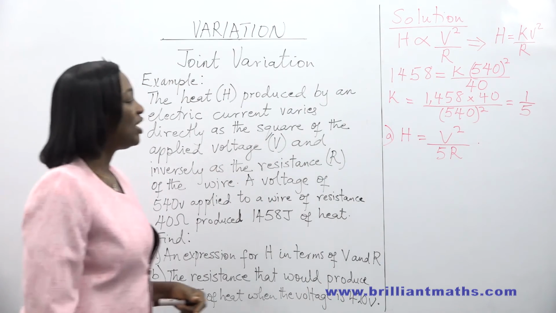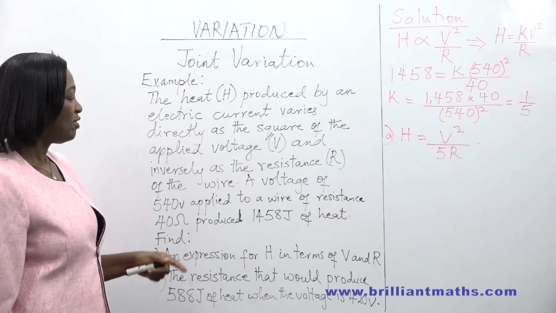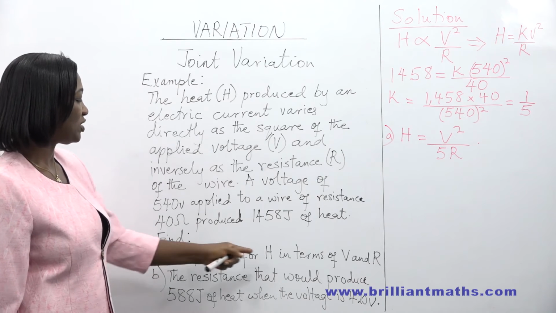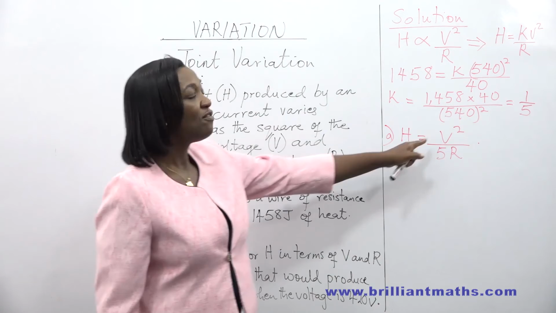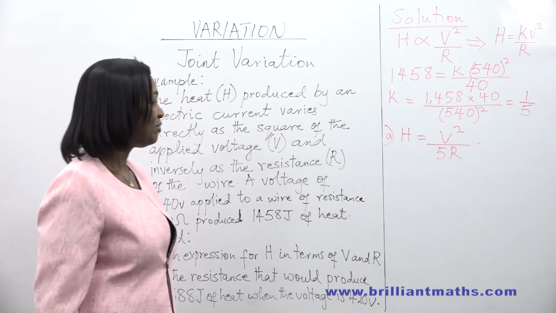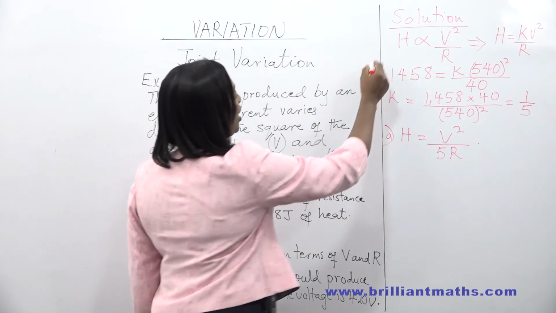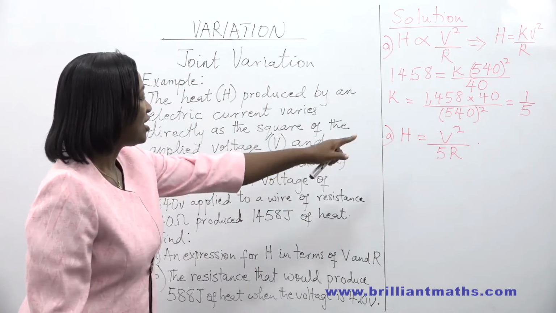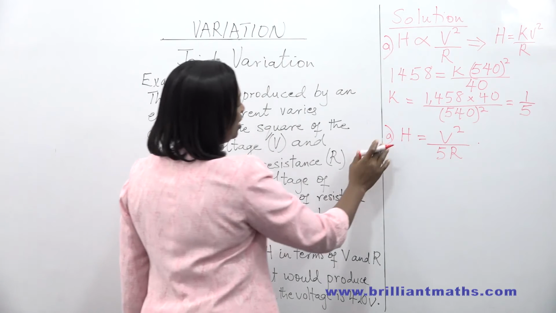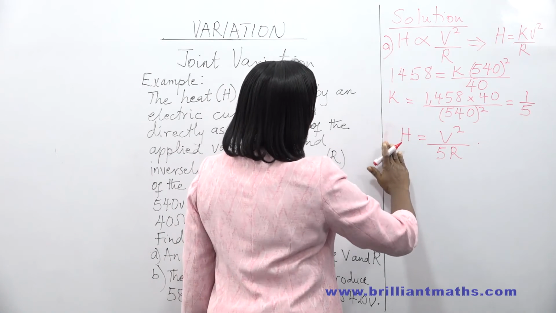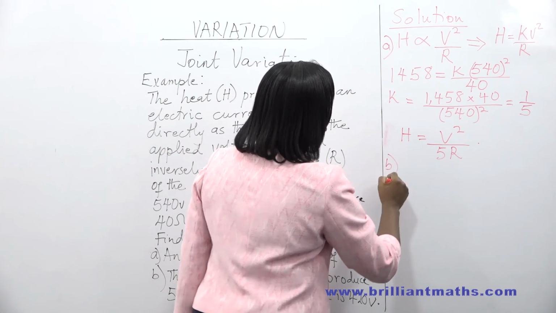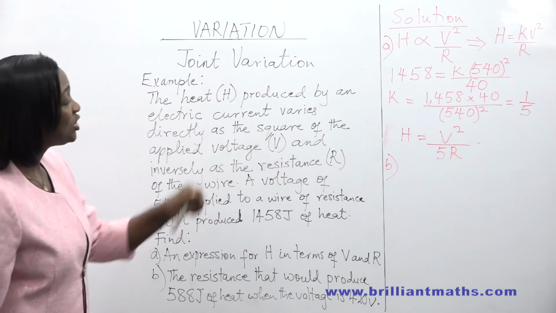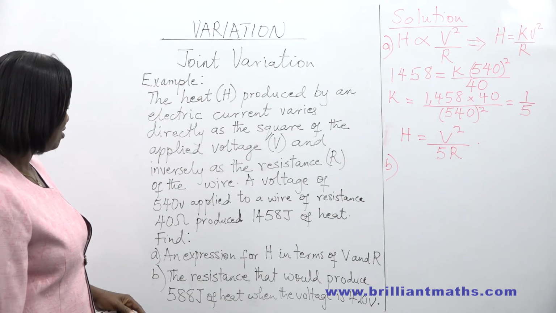So that's the formula we have for H, or that is how to express H in terms of V and R. The solution to A starts from there and it ends here. So then B, we have H is equal to V squared over 5R.